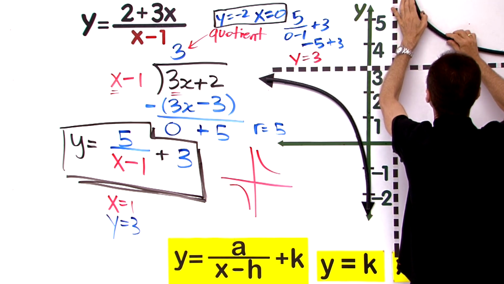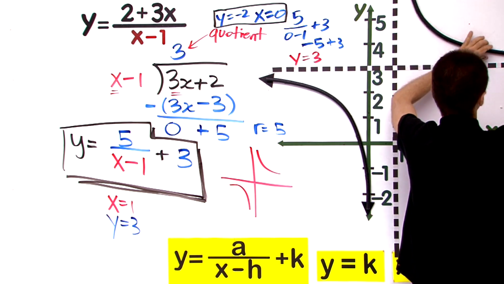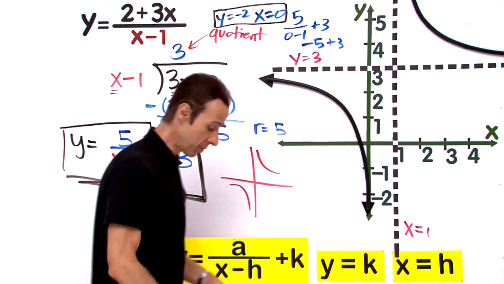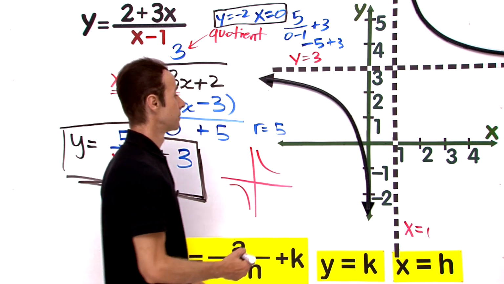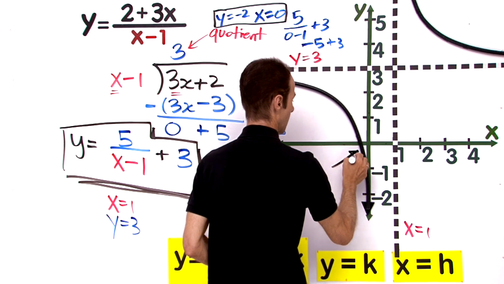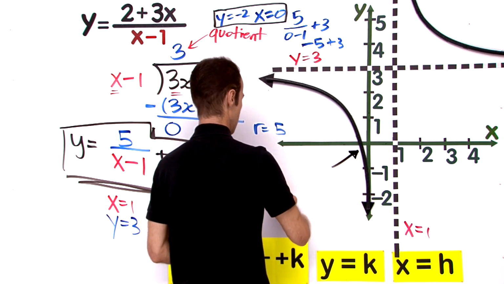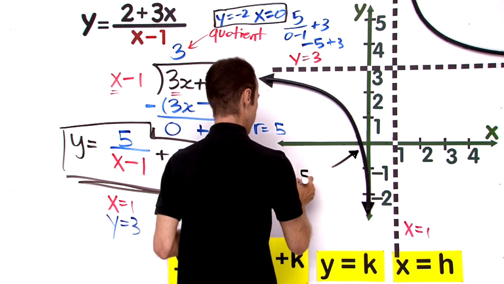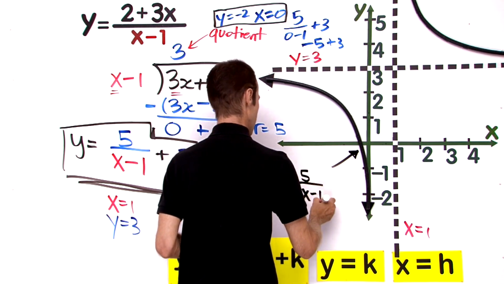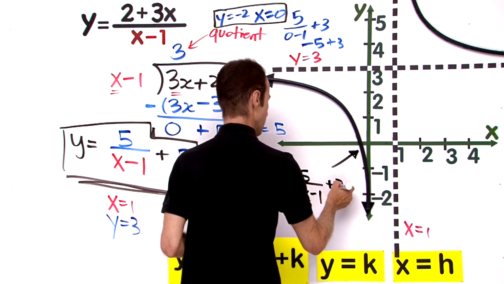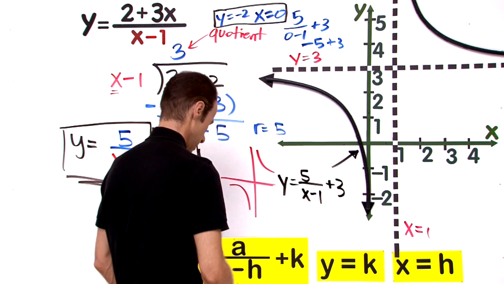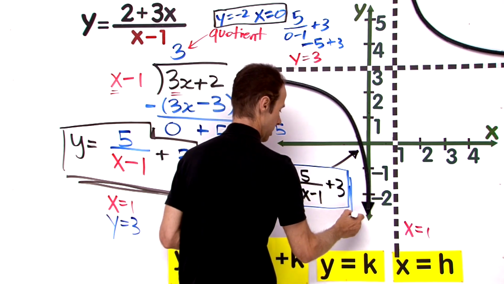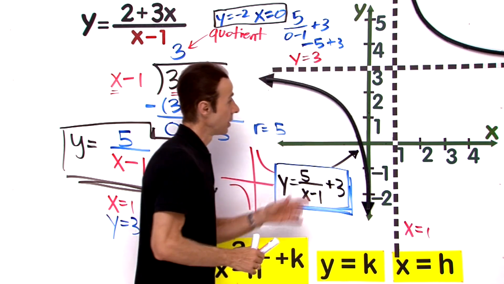There you go, like that. It's going up that way and across there. So there's our hyperbola. Let me just mark it up again. So y equals 5 over x minus 1 plus the quotient, which is 3. There's our curve.